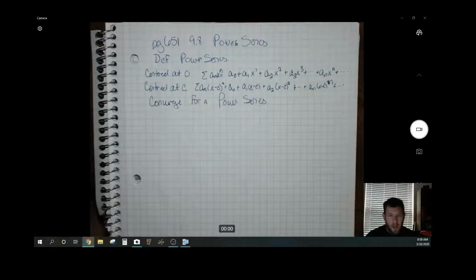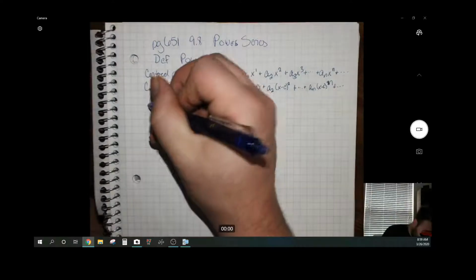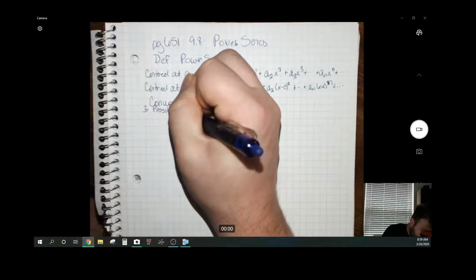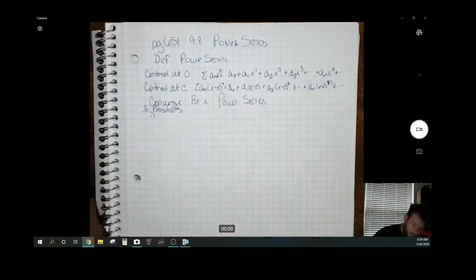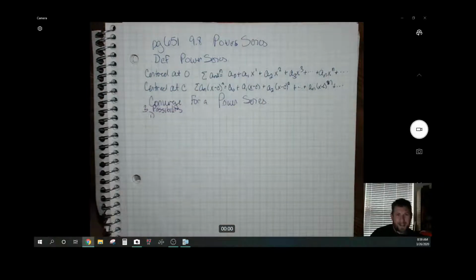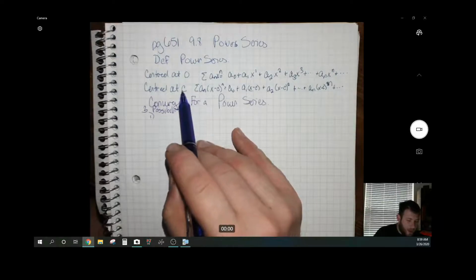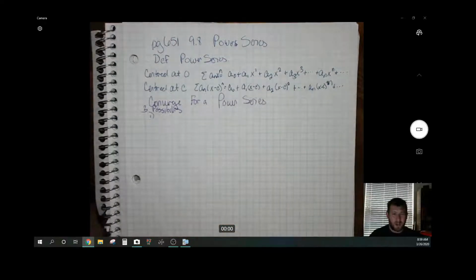Much like a lot of mathematics, the majority of the time there's three possibilities. It's called a trichotomy. Well, the first possibility is that it'll only converge at our center, so either at 0 or at c. I'm going to go ahead and define it as c because it's more general for the Taylor series in the future.